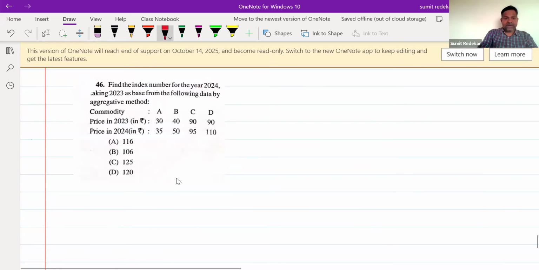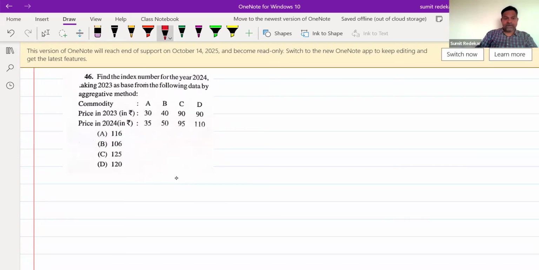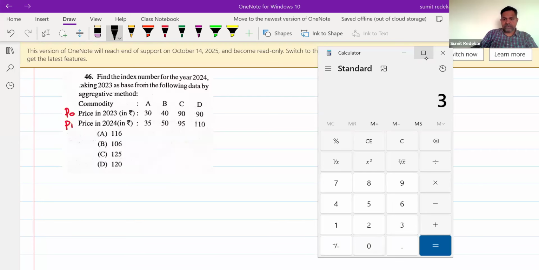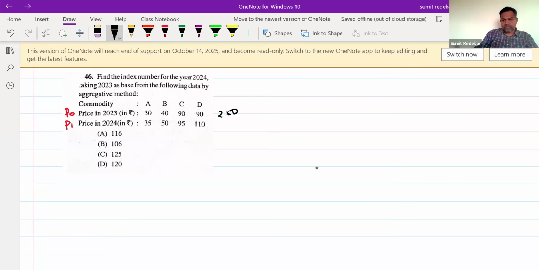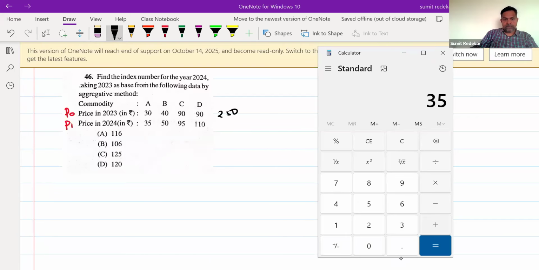46. Find the index number of the year 2024, making 2023 as the base. तो ये हुआ आपका 2023 as the base, which is price in zero, and 2024, which is current. For the following data by the aggregative method. Aggregative method है तो totals को compare करना है, तो मैं ऐसे ही total ले लेता हूँ, which is 30 plus 40 plus 90 plus 90, which is 250, and this is 35 plus 50 plus 95 plus 110, which is 290.